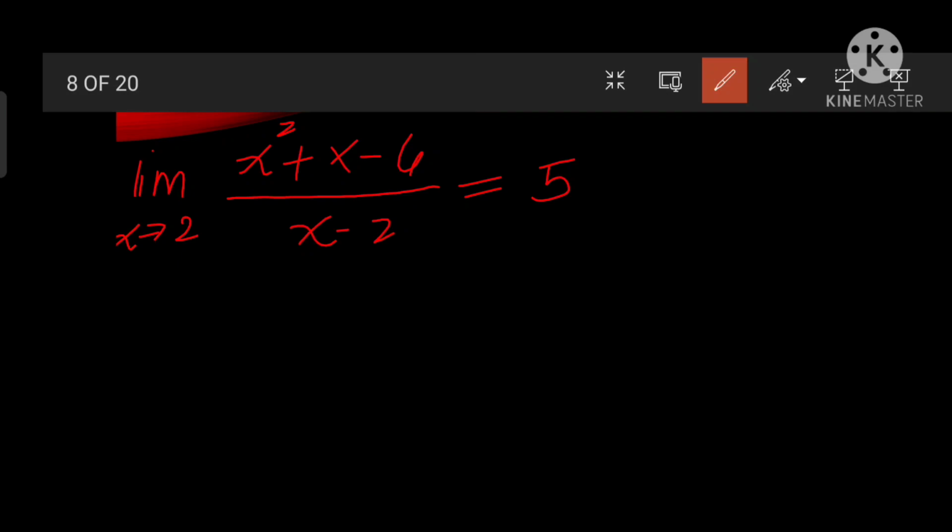Okay? So again, let me read the notation to you. This notation is read as the limit of x squared plus x minus 6 all over x minus 2 as x approaches 2 is 5.